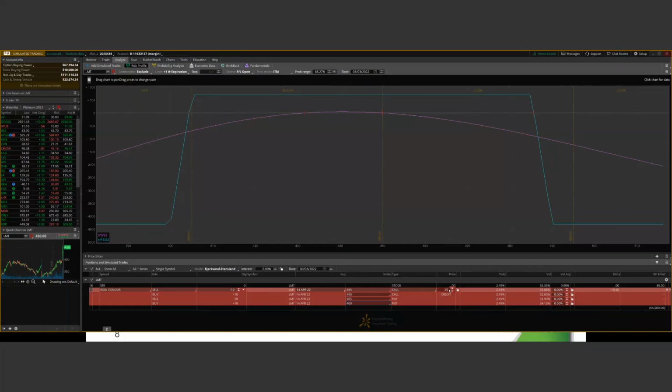You're not really getting a lot of credit, but you are carrying a $4.30 risk if it goes outside of this. So, in some ways, is this what you want to do? That's a question that you must ask. But if you think this is what you want to do, then Iron Condor is definitely for you.